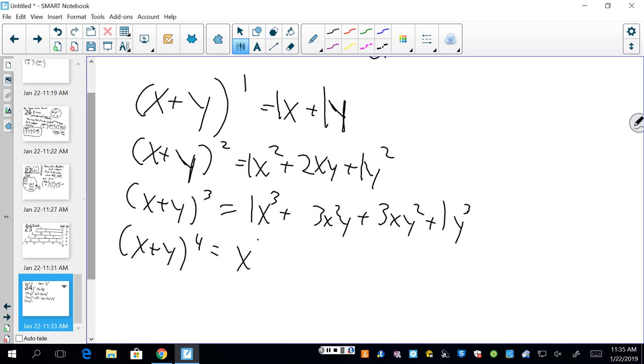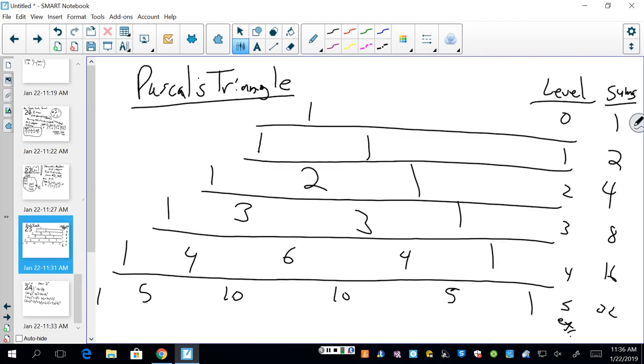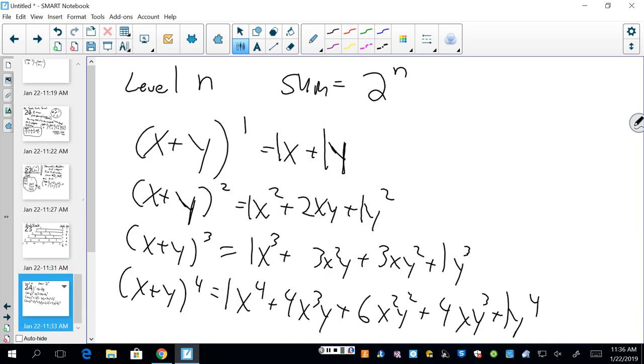You get x to the 4th, 4x cubed y, 6 x squared y squared, 4x y cubed, and then y to the 4th. You think about these as ones, right? 1, 4, 6, 4, 1. So there's a matching of this pattern that's going on. Kind of neat, I think, that it's coming out of there.